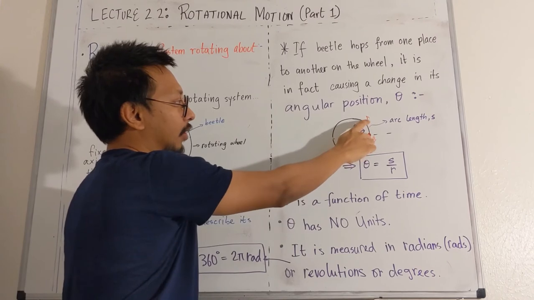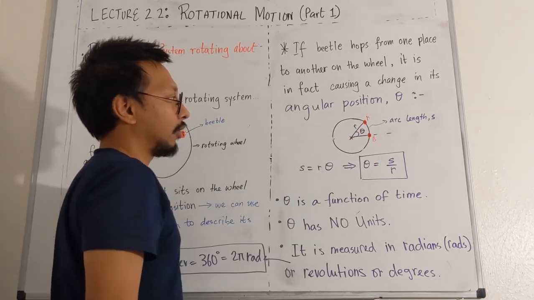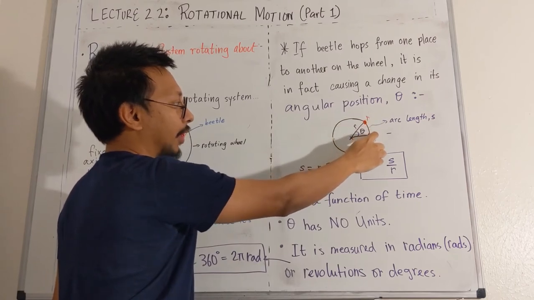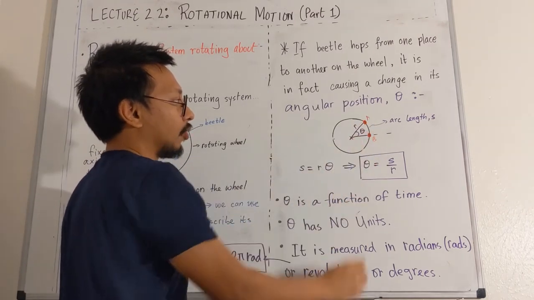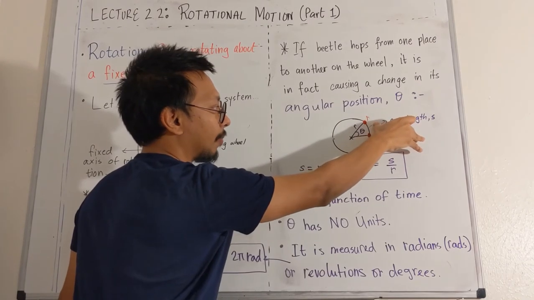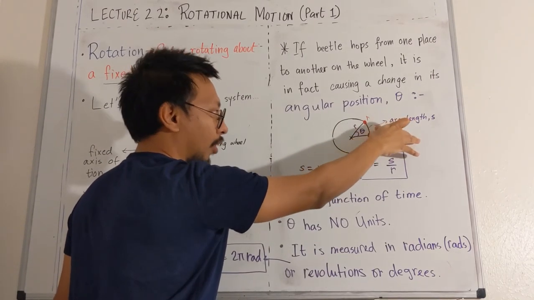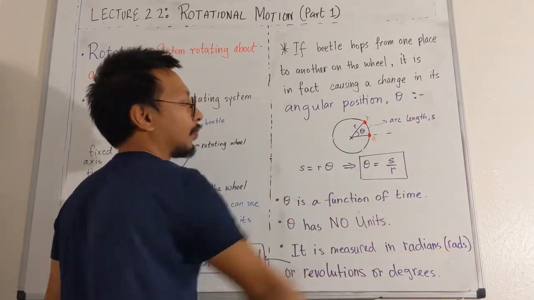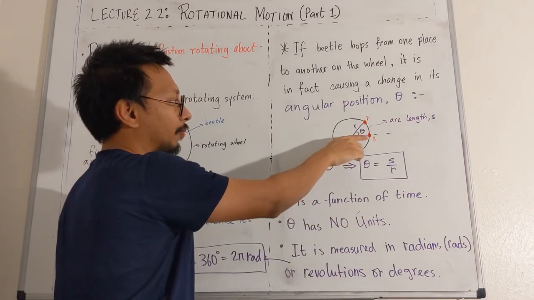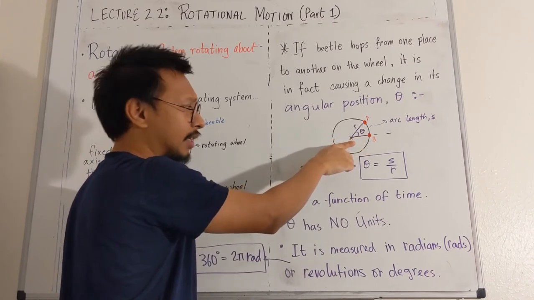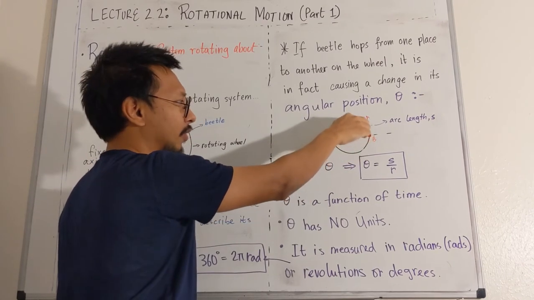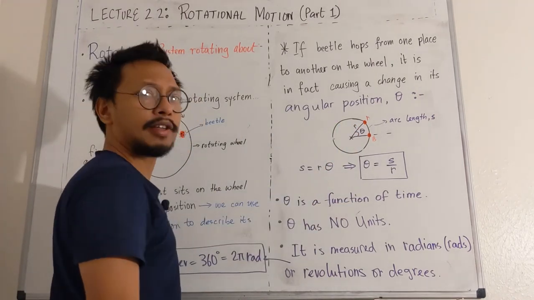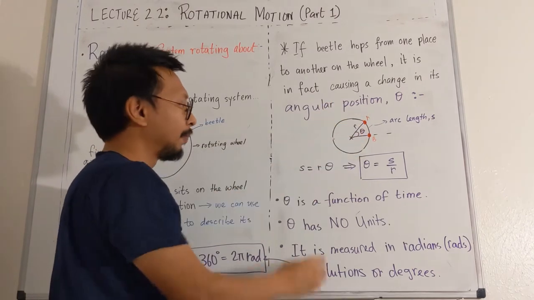Let's look closely at the beetle, the red dot on the circular wheel here. As the circular wheel rotates, the beetle hops from point A to point B. As it does so, it moves along a circular path, or a borderline of a circle, called an arc length, denoted with an S. And as we know, the distance from the center or the fixed axis to the circumference of this path is the radius of that circular wheel.